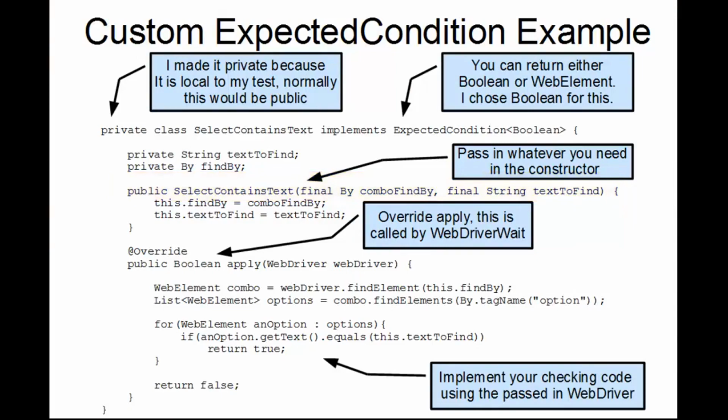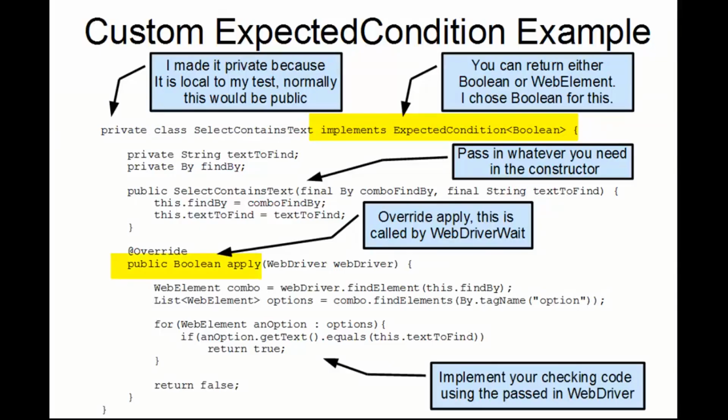But let's have a quick look at this custom. So here, when we see this in the code, this will make more sense. But I've made this a private class because it's a class within one of the tests itself. This is typically when you'd use an anonymous class, but I've made it a named class within that test itself. And it's implementing an expected condition that returns a Boolean.